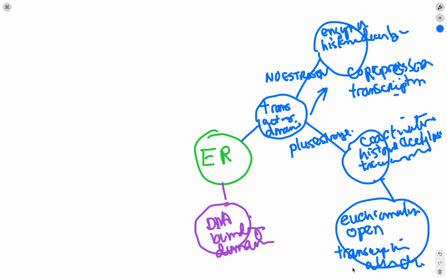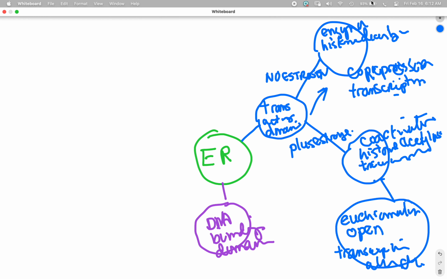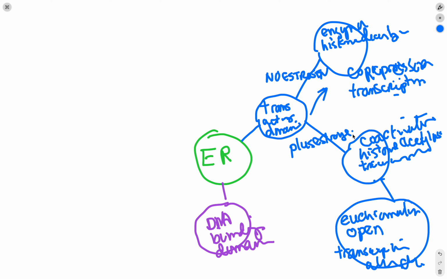And in designing this, I like to think, maybe I should have put this one going in that up direction, where this is kind of moving me up into the upper area where I'm like, oh, it's activating. And then this other one would be moving me down toward it's repressing. Because out in this direction, we'd also want to say that the co-repressor is going to lead to heterochromatin, closed chromatin, and transcriptionally repressed, like that. So I won't write that all in there.